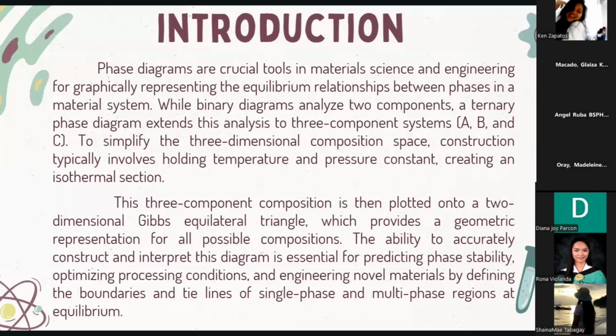The ability to accurately construct and interpret this diagram is essential for predicting phase stability, optimizing processing conditions, and engineering novel materials by defining the boundaries and tie lines of single-phase and multi-phase regions at equilibrium.